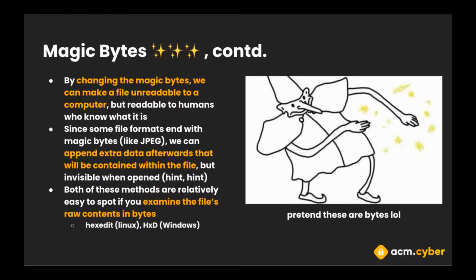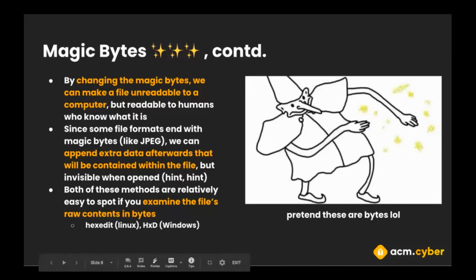Both of these methods of hiding data in pictures are pretty easy to figure out if you just examine the file's raw contents in bytes. There's a lot of tools that you can use to do this. Two of them that come to mind are HexEdit on Linux or HxD on Windows. You can also just Google online. There's plenty of resources that you can use to view the contents of a file.